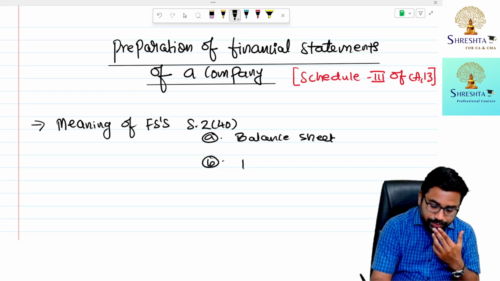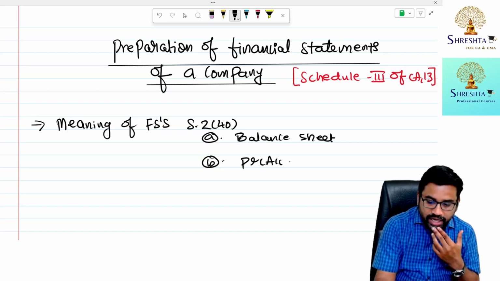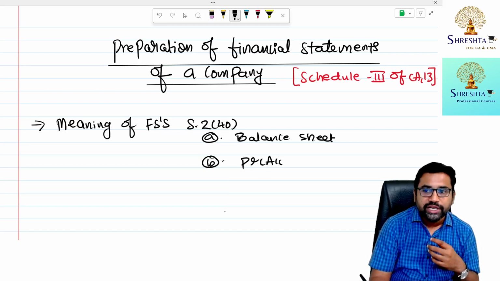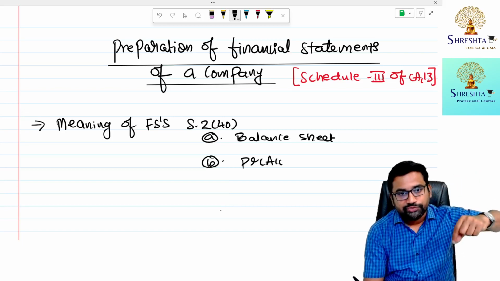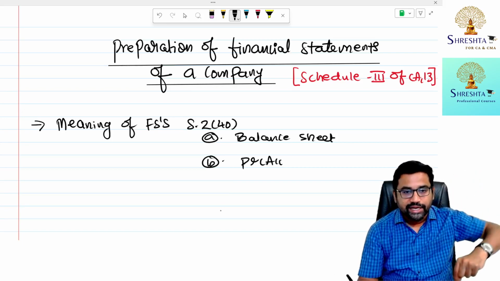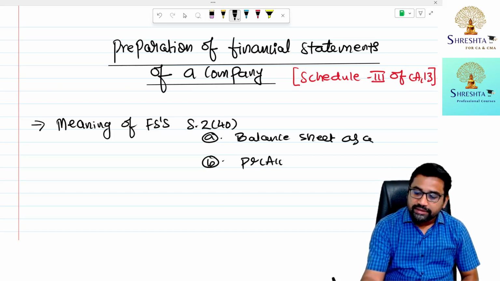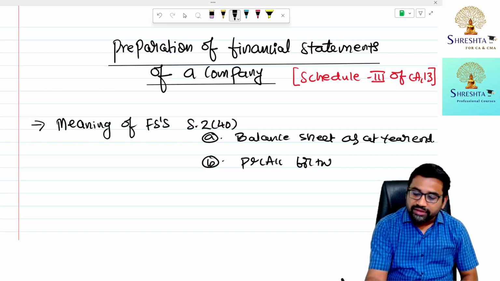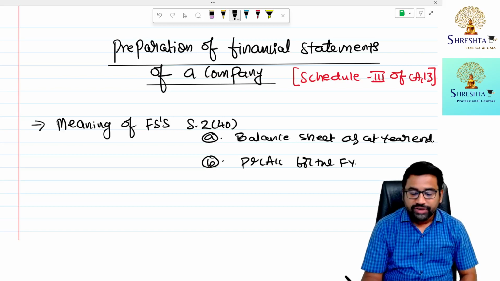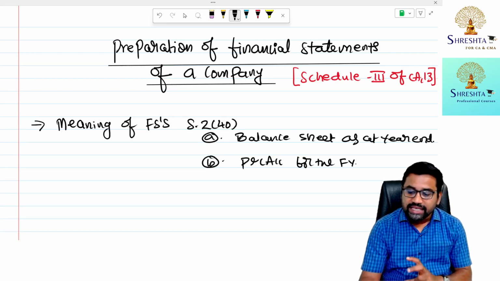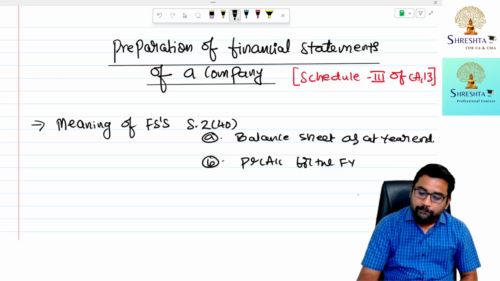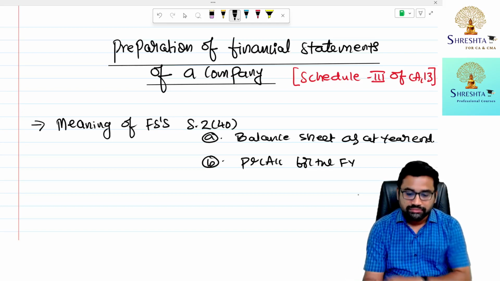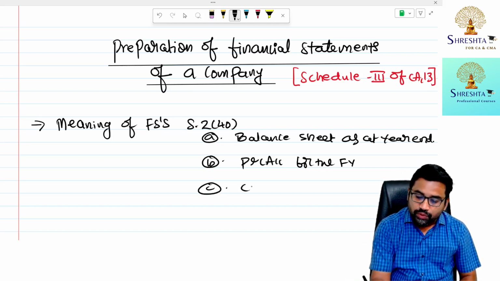Second one, P&L account. Generally, the balance sheet is a point statement, I told you, which is prepared at a particular point of time. So balance sheet as at year end, and P&L account for the financial year. Then the cash flow statement for the financial year.